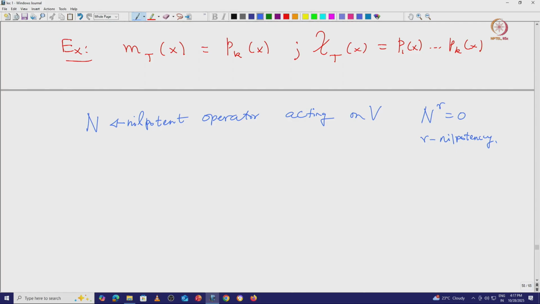So now if we just focus on one particular cyclic space, then what happens? This is going to be the span of these vectors: v, Nv, etc., N power R minus 1 v. So let us say the nilpotency is achieved when you restrict to this subspace.